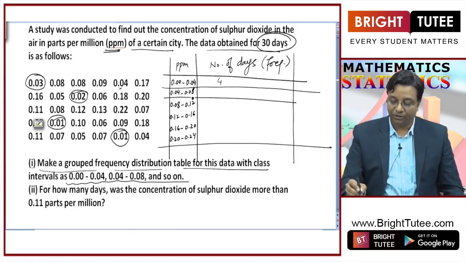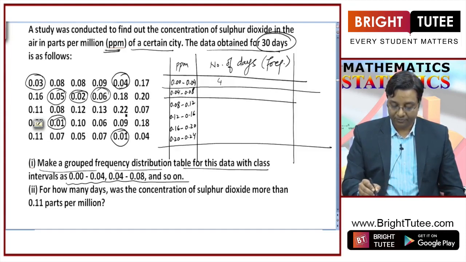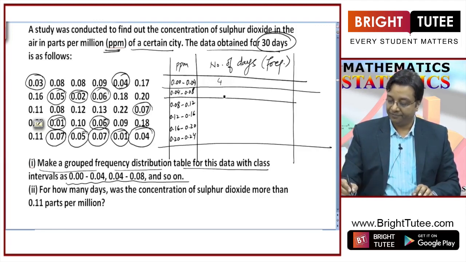So 0.04 to 0.08. Now this time I'll include this also. 1, 2, 3, 4, 5, 6, 7, 8 and 9.